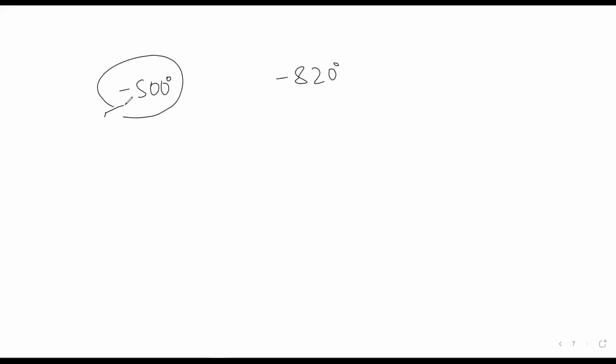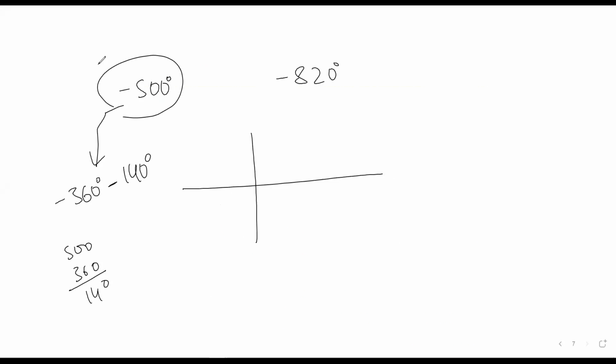So this would be equal to, see, this is minus 360 and 500 minus 360 is 140. So what we are implying is that we need to go in the clockwise direction.